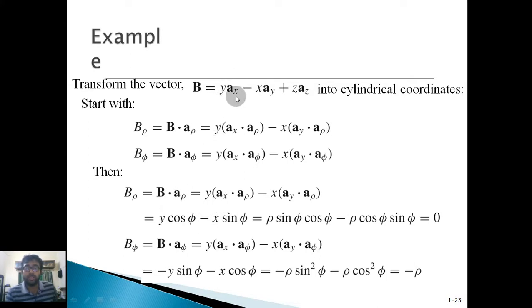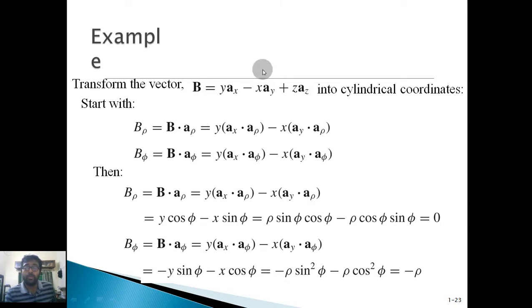This is along the x axis. Now we will multiply each component using a_rho. Because a_z is constant, we are not going to interfere with a_z. If we transform from the Cartesian to the cylindrical coordinate system, we are not going to touch a_z; the value along the z axis will not be touched.